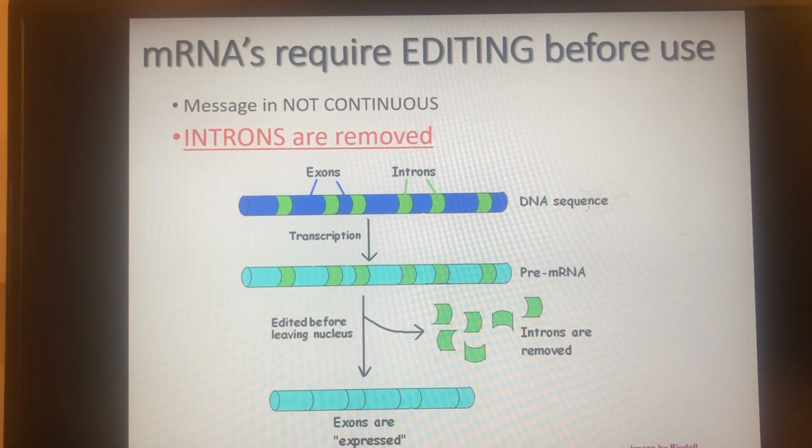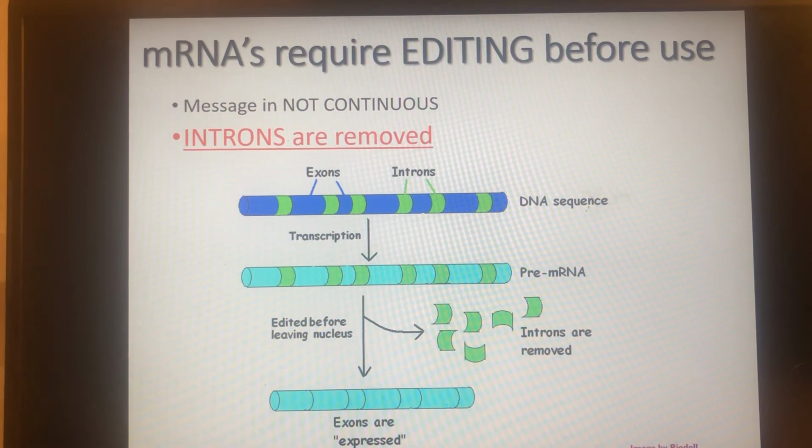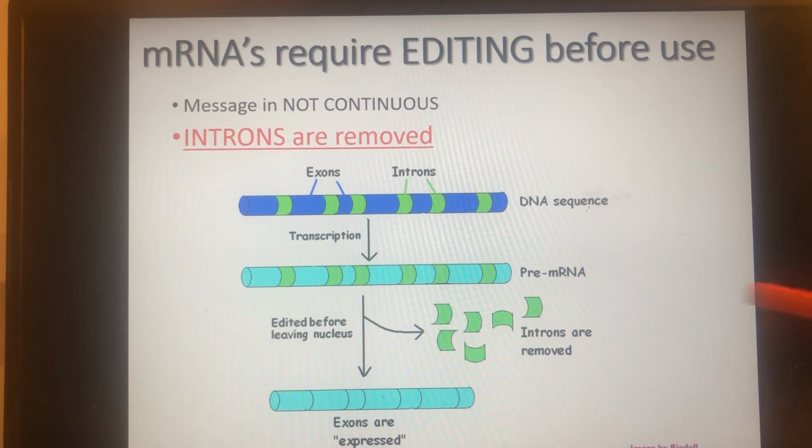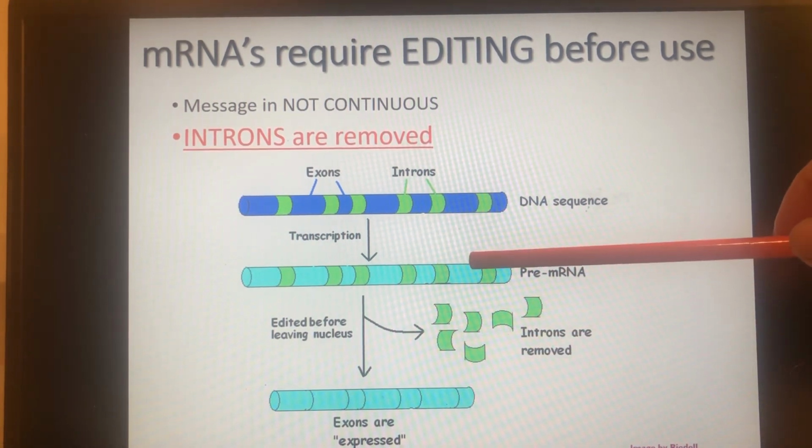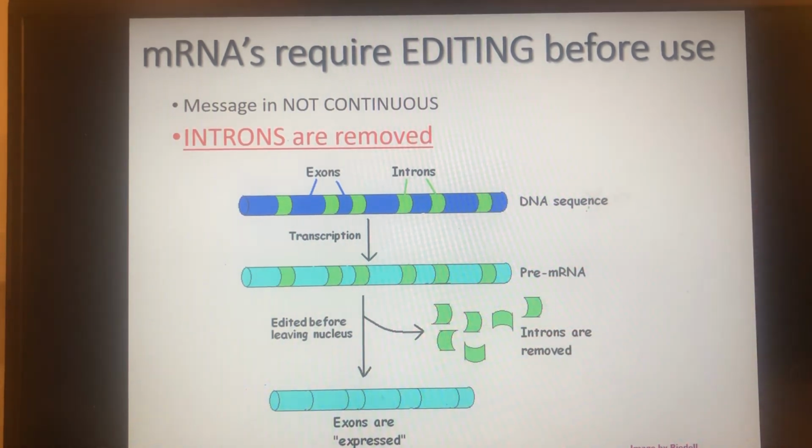So here we see the introns are removed. This is taking you through the process of mRNA getting edited. The introns get removed. Then we only have the exons left, which you see right here. The little green guys are the introns. The exons are the light blue, and the exons come together and we have our finished copy after it's gone through RNA processing.